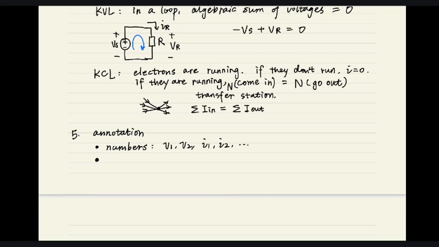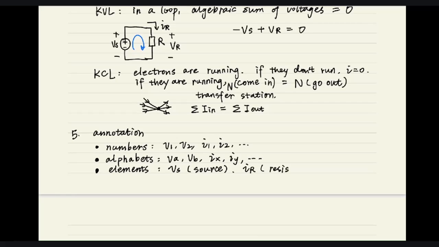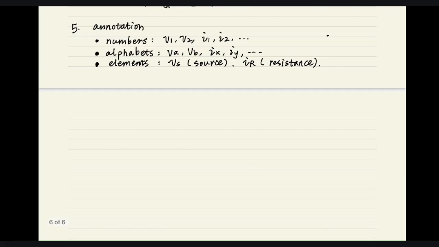And sometimes they are named by alphabets, like VA, VB, or X, Y, etc. And sometimes they are named by the electronic elements. For example, VS, IS often mean the properties of the sources, and R usually means resistance.